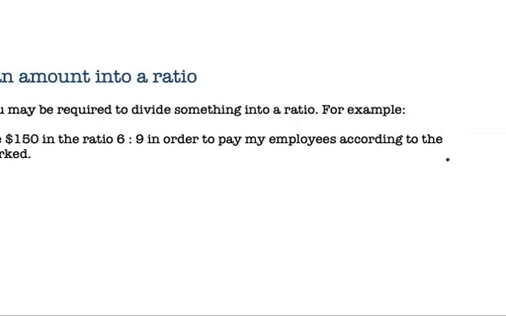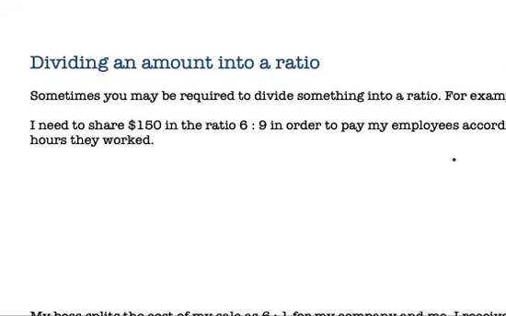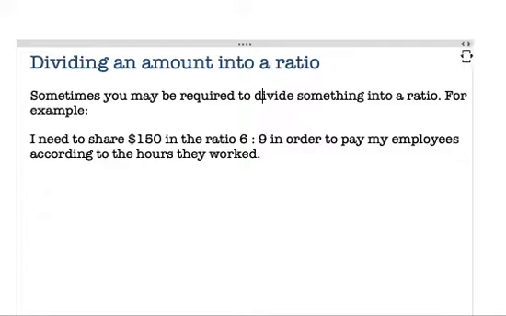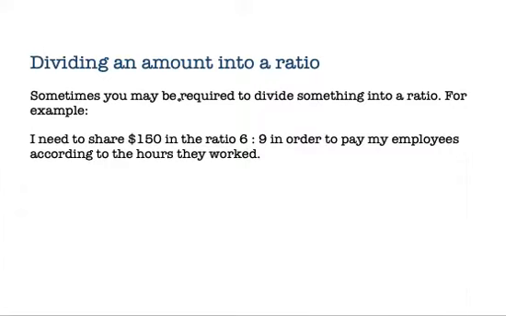Right, one more thing to show is how we divide a ratio, how I divide an amount into a given ratio, okay? So sometimes we might need to divide something into a ratio, so they'll give you an amount.